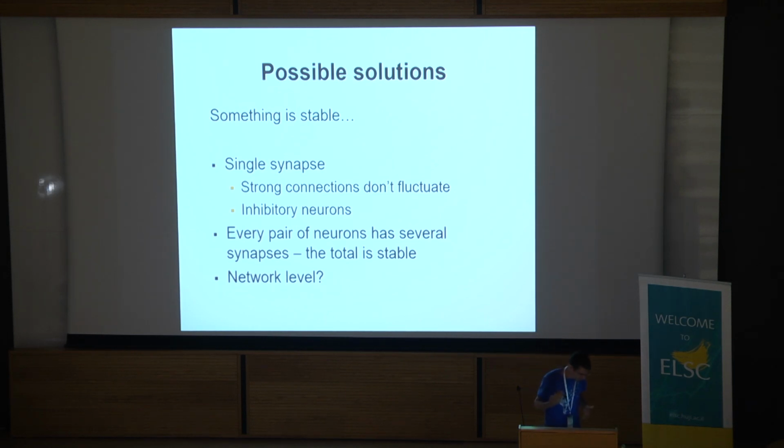And what I want to discuss today is something at this network level. It is somewhat analogous to other suggestions, but the motivation is different, and I think the conclusions are different, and I'll be happy to hear your thoughts about this.